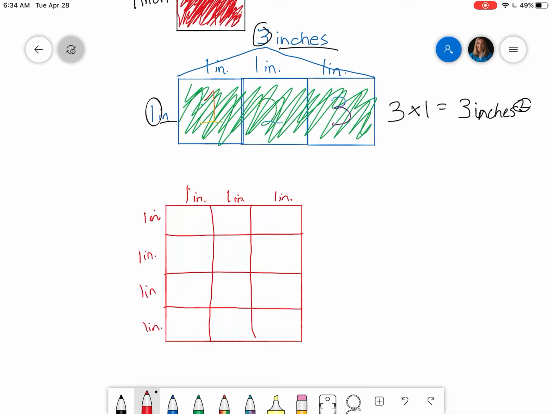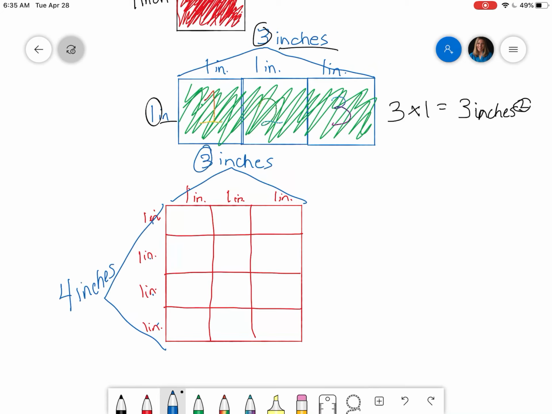Now, if I wanted to abbreviate those, to make it a little simpler to understand, I could say this is 1, 2, 3, 4 inches, and this side is 1, 2, 3 inches. So now I have these numbers that I could work with.